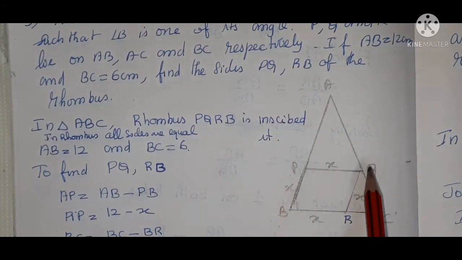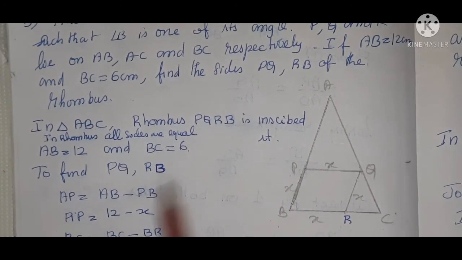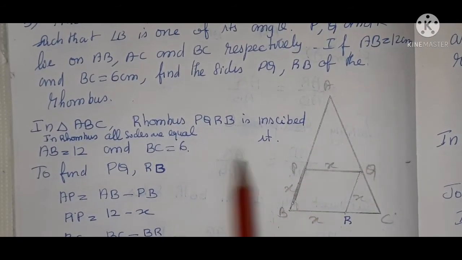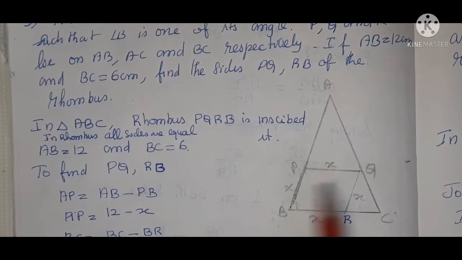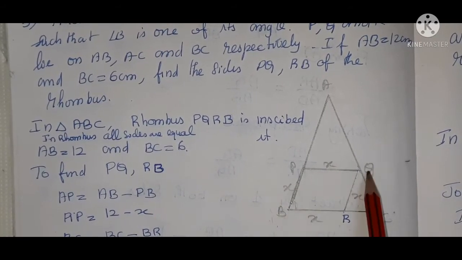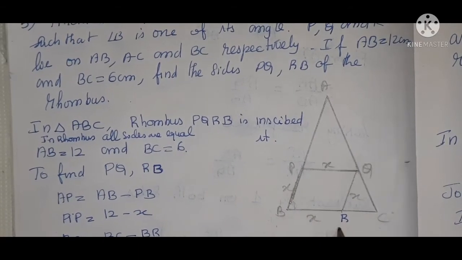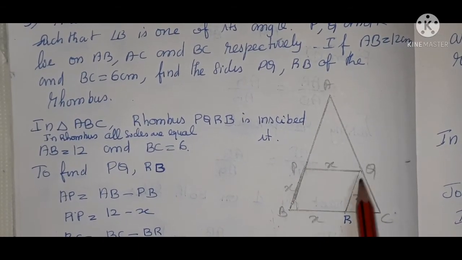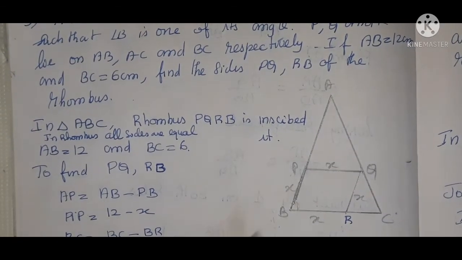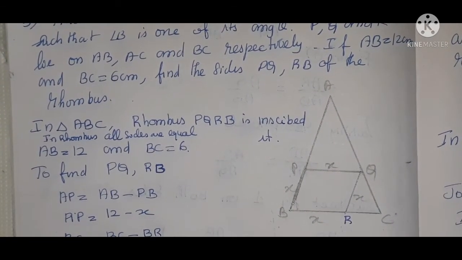Here, P, Q, R are the points on AB, AC and BC respectively. AB is 12 cm, BC is 6 cm. Find the side of the rhombus. Here in a rhombus, all the sides are equal, so take it as x.